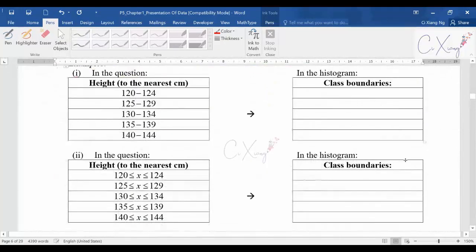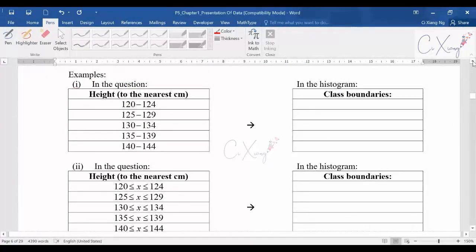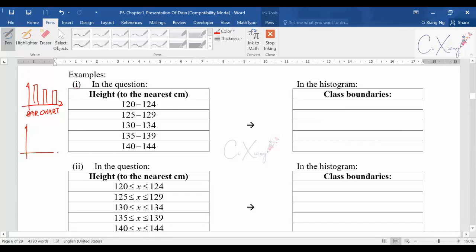Now we have to understand, when you want to draw a histogram, what is the difference between a histogram and a bar chart? For a bar chart, you will see that there are spaces between the bars, and for a histogram, generally there's no space between the bars. Although it looks like a bar chart, there's no space between them.